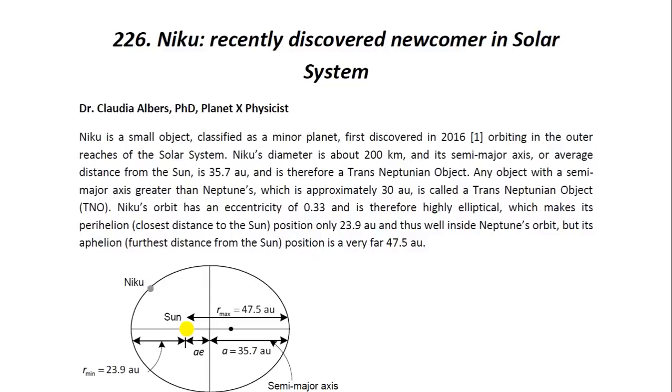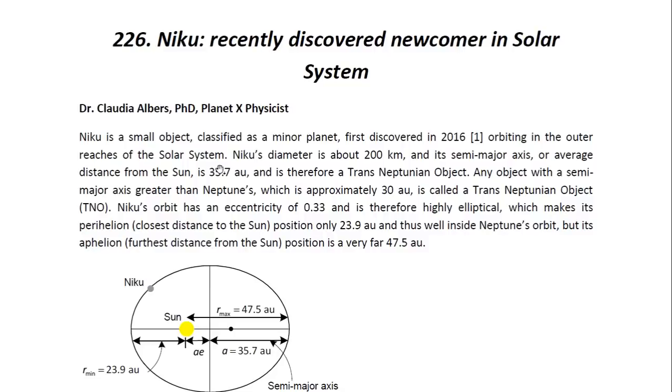Now Niku is a small object classified as a minor planet, first discovered in 2016, orbiting in the outer reaches of the solar system. Niku's diameter is about 200 kilometers and its semi-major axis, or average distance from the Sun, is 35.7 AU. Now 1 AU is the distance between the Sun and the Earth.